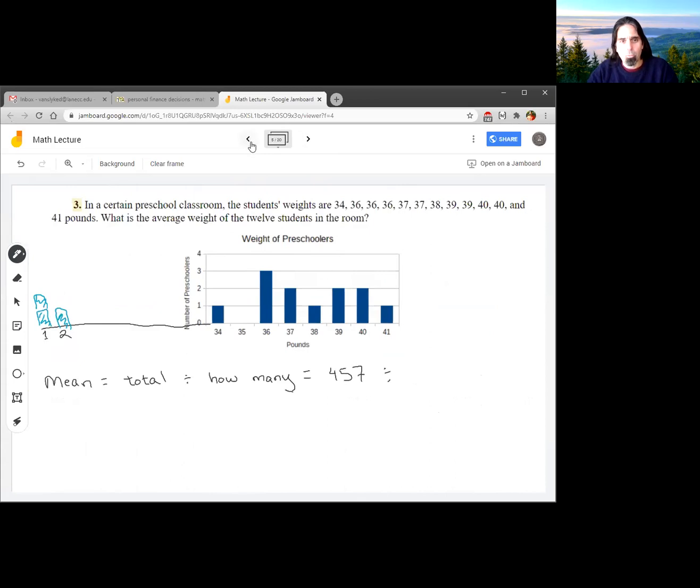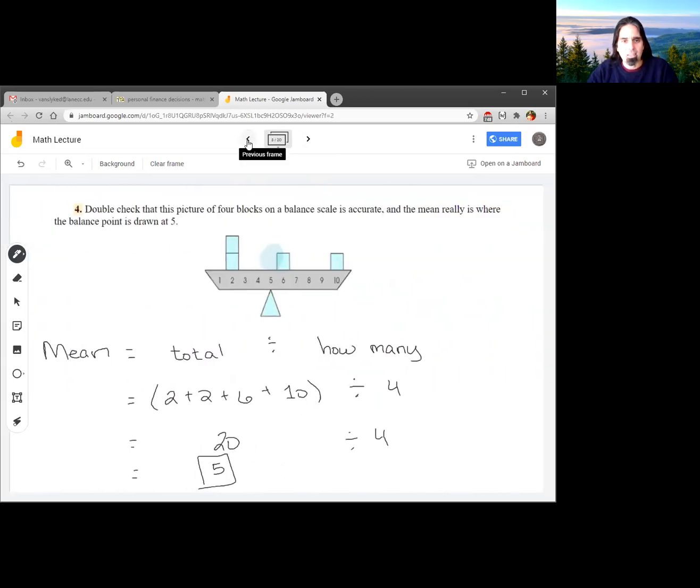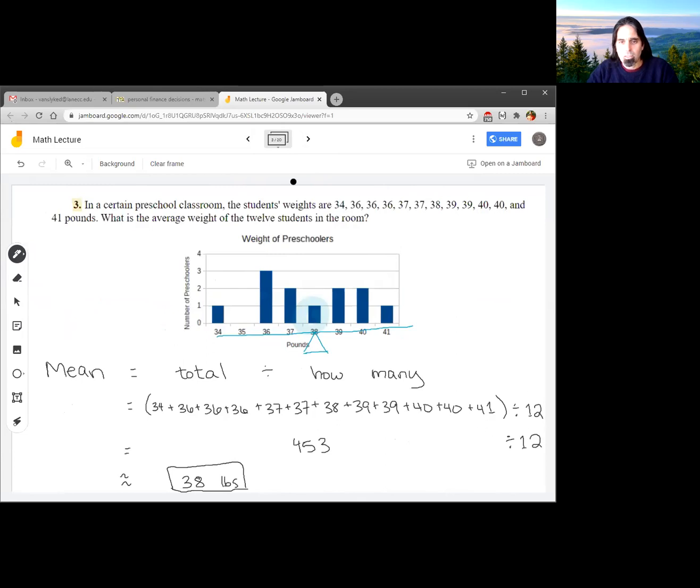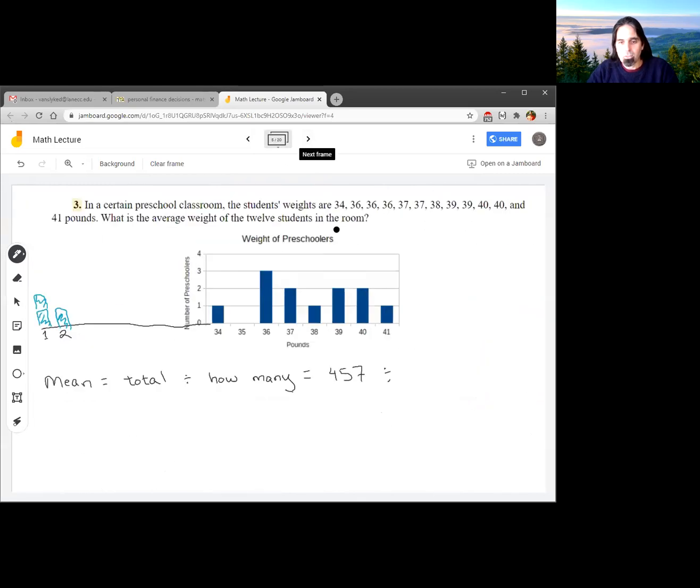The old number of people in the room was 12, and now we have 3 more stuffed animals, so that makes 15. So we get about 30 pounds. Make that squiggly to show I am rounding.